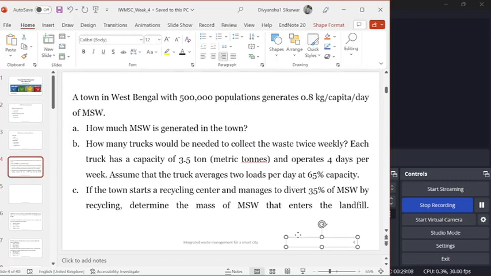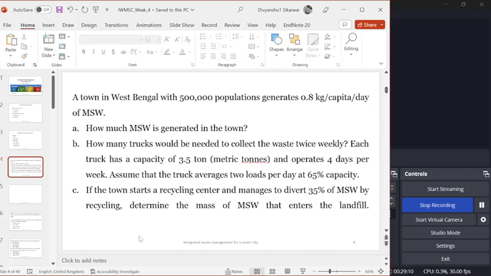For this question, we need to calculate how much waste is generated per week. From the above question, we have the waste generated in one day, which is around 4 lakh kgs. So 4 lakh into 7, which is equal to 28 lakh kgs, gives us the amount of waste generated in a single week.